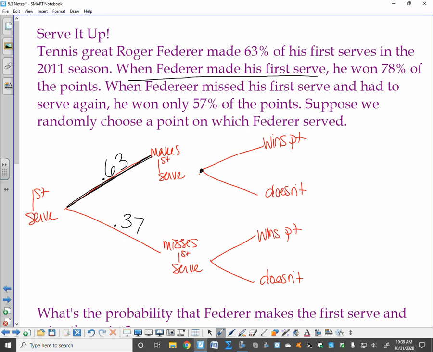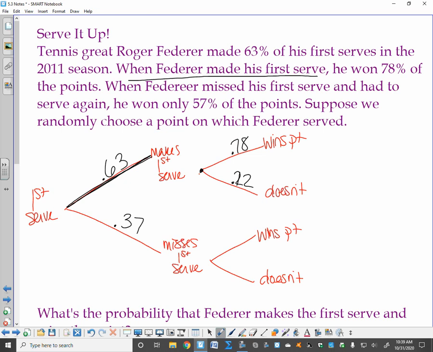So I'm here. He has made his first serve. He won 78% of his points, which means he did not win 22% of the points when he made his first serve.